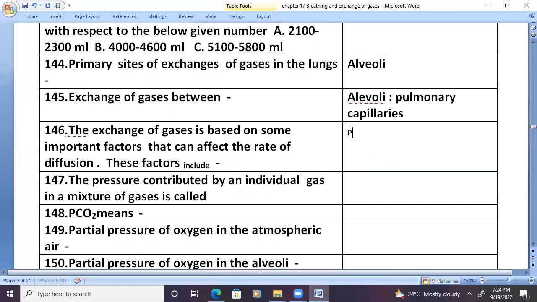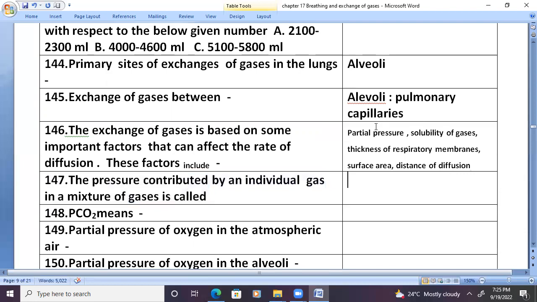The factors include the partial pressure, the solubility of gases, the thickness of the respiratory membrane, the surface area and the distance of diffusion. These are all the factors that influence the exchange of gases.